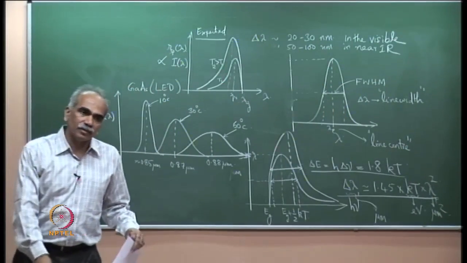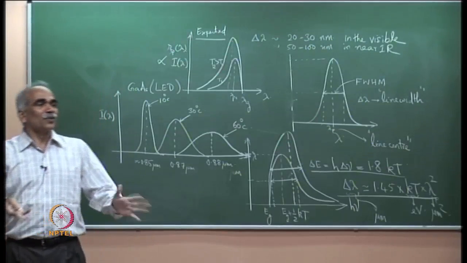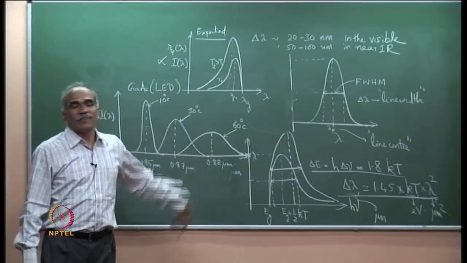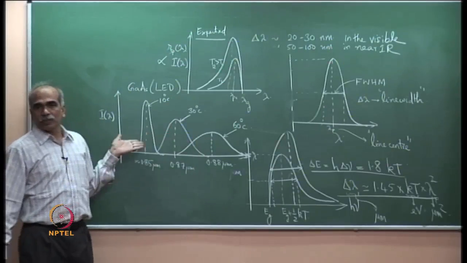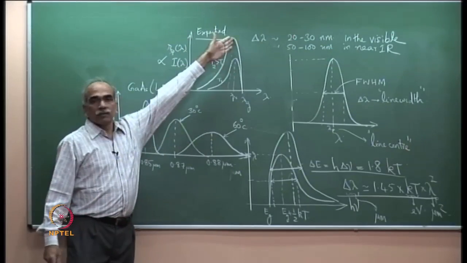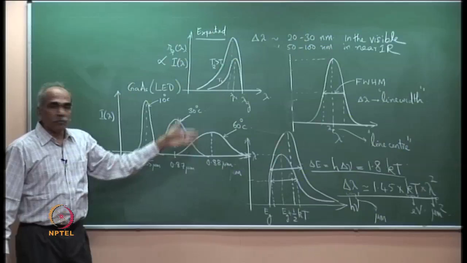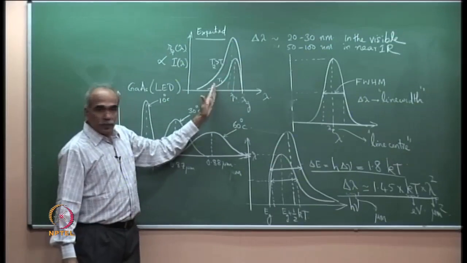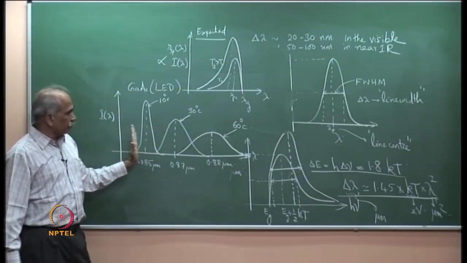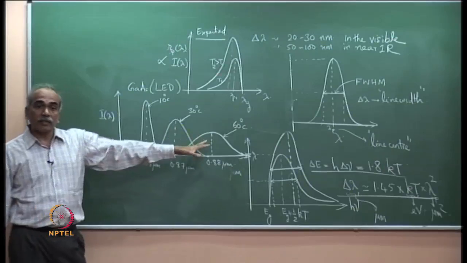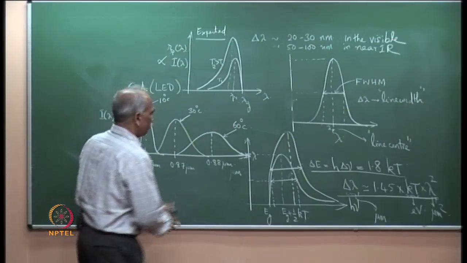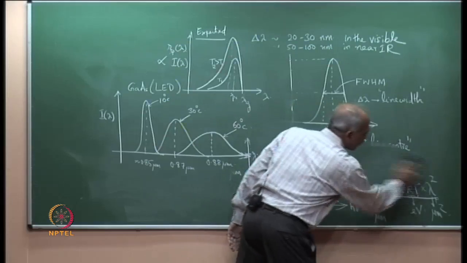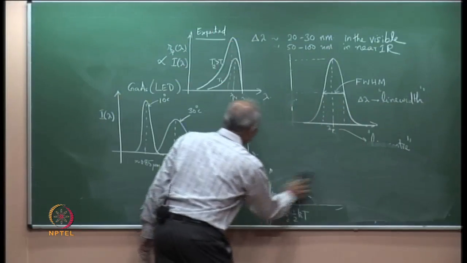What could be the reasons? Obviously, our theory has not taken into account several things, and that is why you are seeing this completely opposite behavior. This is going up, but actually the peak is coming down. This is shifting to lower wavelengths with higher temperature, but this is measured, practical. We have obviously missed something. And this is what I want you to keep in mind.